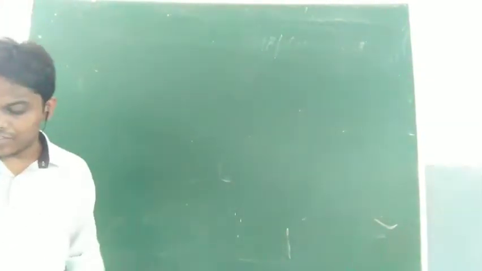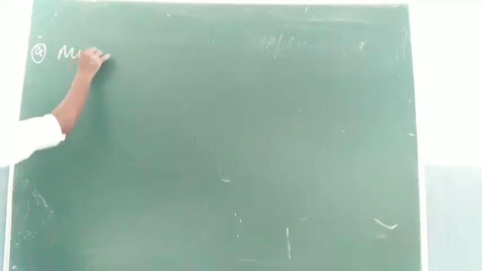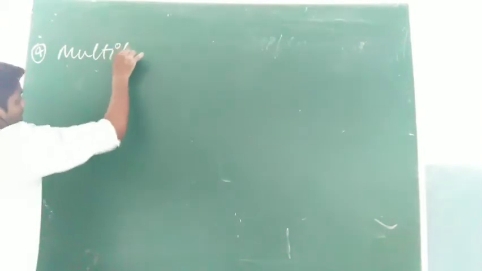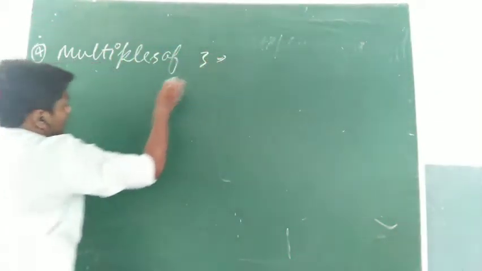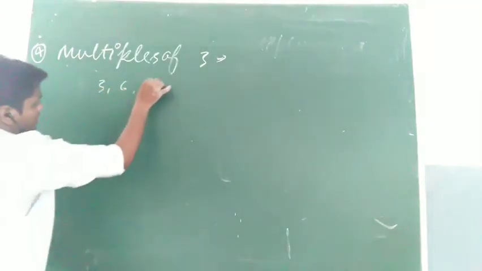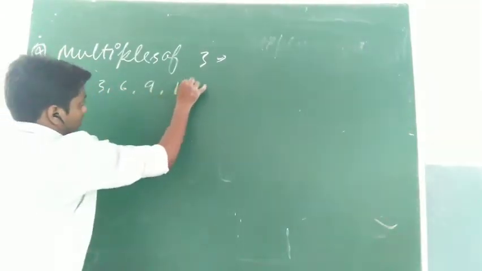Question number 4 is, write all numbers less than 100 which are common multiples of 3 and 4. First of all we will write the multiples of 3: 3, 6, 9, 12, and so on.